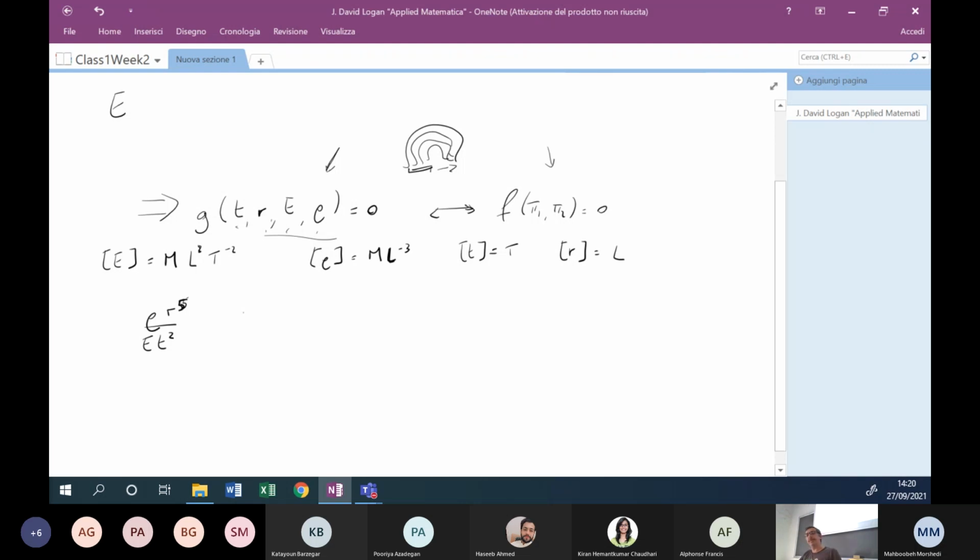Okay, so the pi 1, pi 2, whatever, are going to be functions of T, R, E, and rho, but put in a way for being dimensionless, like in this case. So here I found the dimensionless expression of a combination of rho, R, E, and T. For this case, as far as I remember, this is the only combination that you have which is dimensionless.